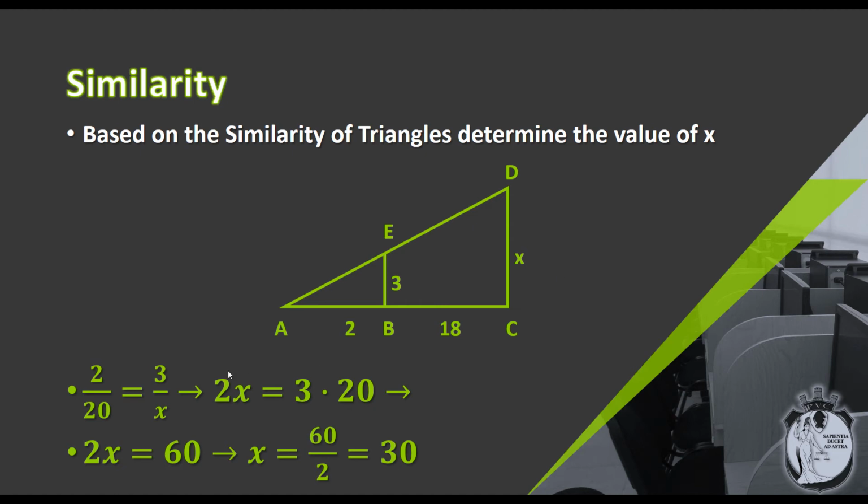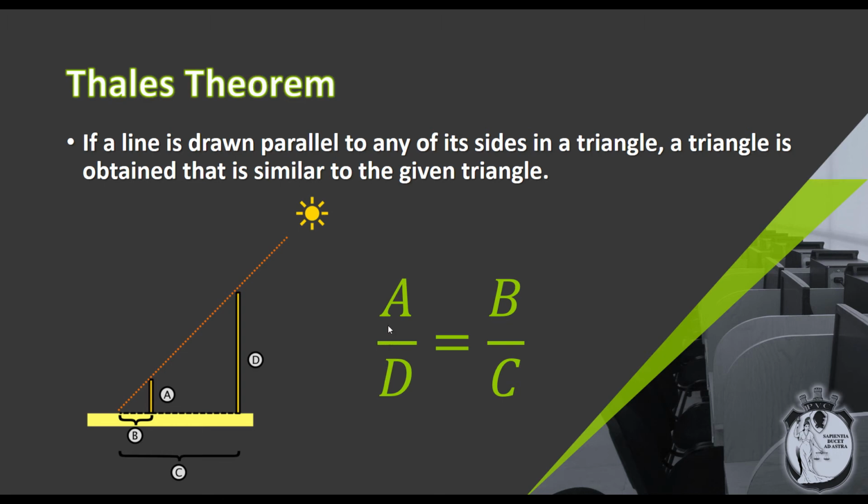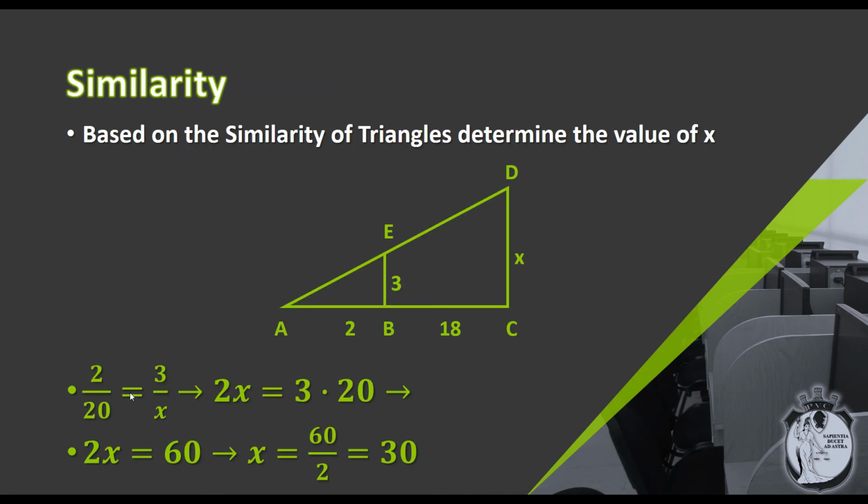So you need to compare the side AB with the side AC, 2 and 20. Remember, the same side. Then compare the other one, 3 with X, because you don't know the value of that side.